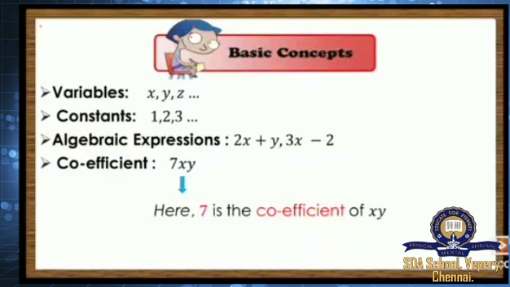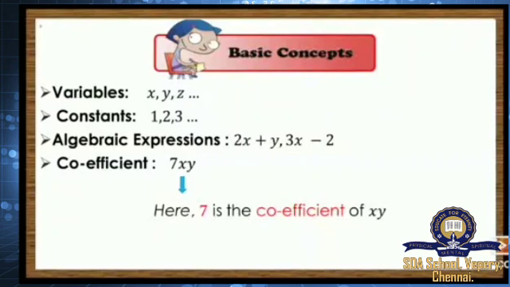Yes, algebraic expressions involve both variables and constants. So from the given example, 2x plus y, 2 is a constant wherein x and y are variables. Similarly, in 3x minus 2, 3 is a constant and x is a variable. Also 2 is a constant.